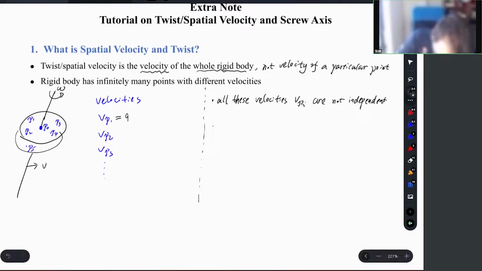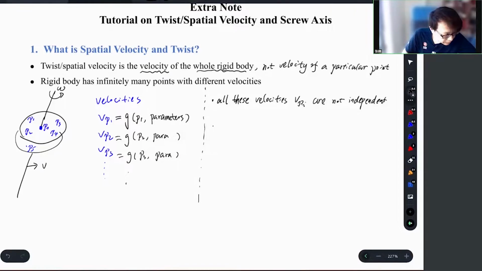In general, for all the velocities, I can write them as a function of where the point is, let's say P1, and also some other parameters. The same kind of relation holds for all the points, P2, P3, and so on.